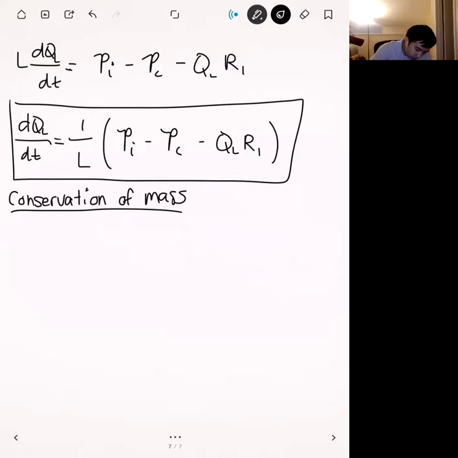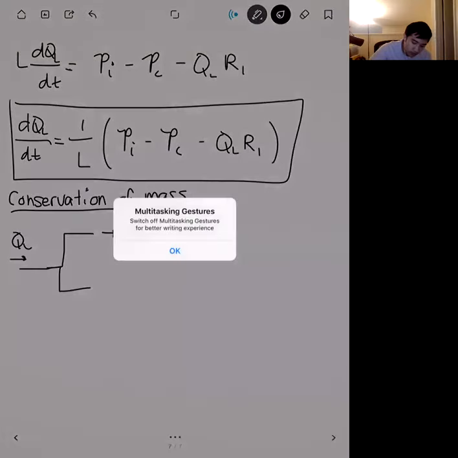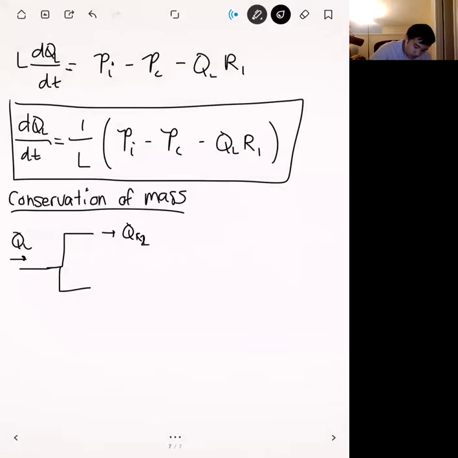If we draw that junction here, coming into it we have QL, which is the flow on the inductor. Up top here we have QR2, and on the bottom here we have QC.